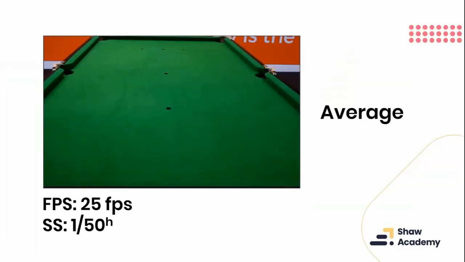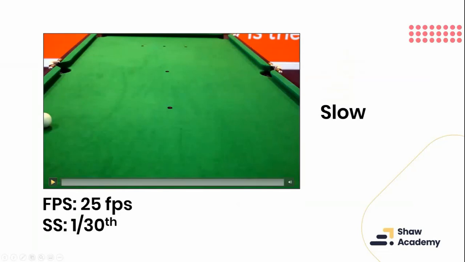So let's just break it down a little bit further. Here we have some very basic footage. We're shooting at 25 frames per second, so our shutter speed's at 50th of a second. If I press play here, you can see the snooker ball rolling across the screen. Let's have a look at a slower version of that.